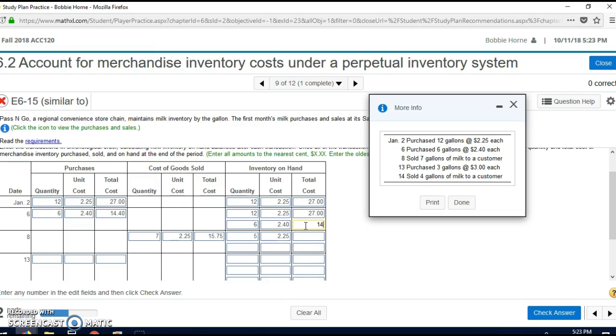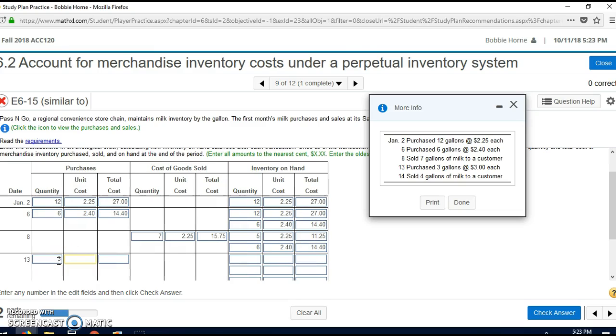I forgot to multiply that. So 5 times $2.25 would be $11.25. And then we still have the 6 units at $2.40, which is $14.40.